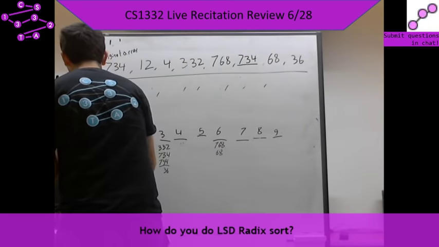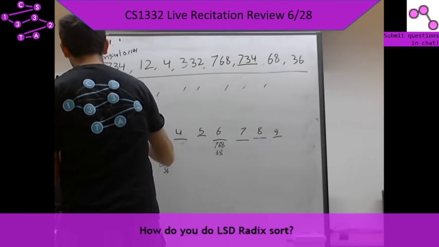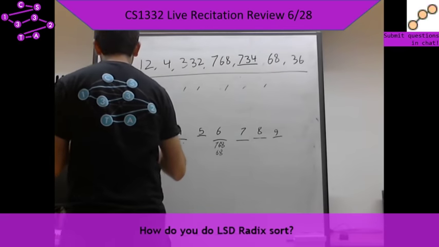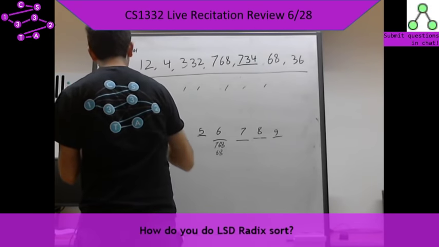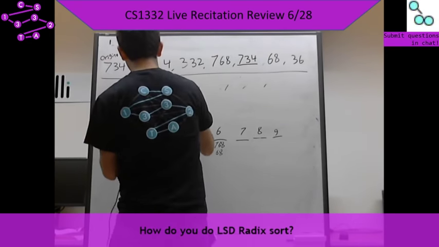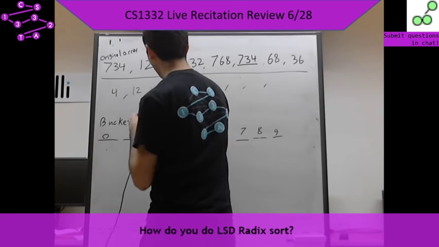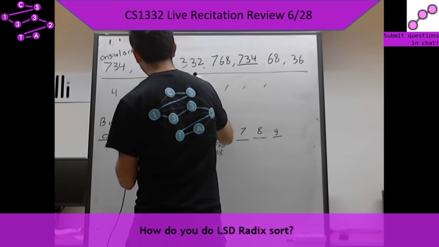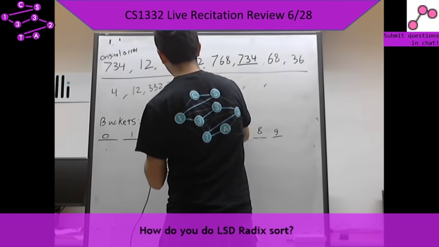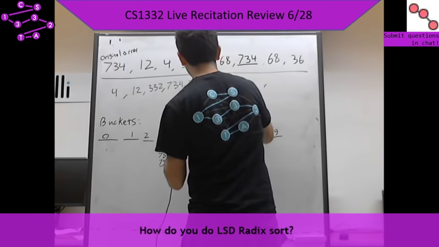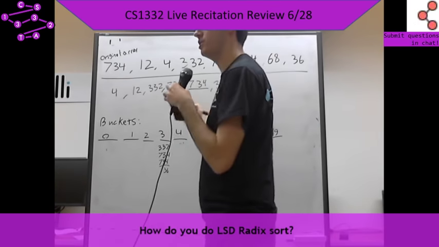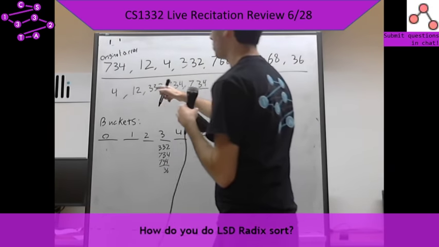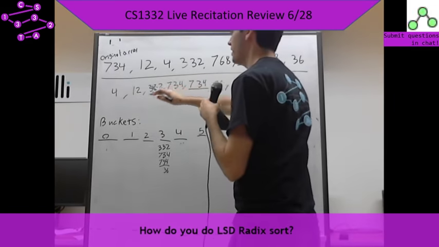And now we empty our buckets the exact same way we did last iteration. So we start with our 0 bucket, then our 1 bucket, then our 3 bucket. So that means we put 332, then 734, our duplicate 734, and then 36. You'll notice these elements that had the same tens digit are now sorted by their ones digit within this grouping.